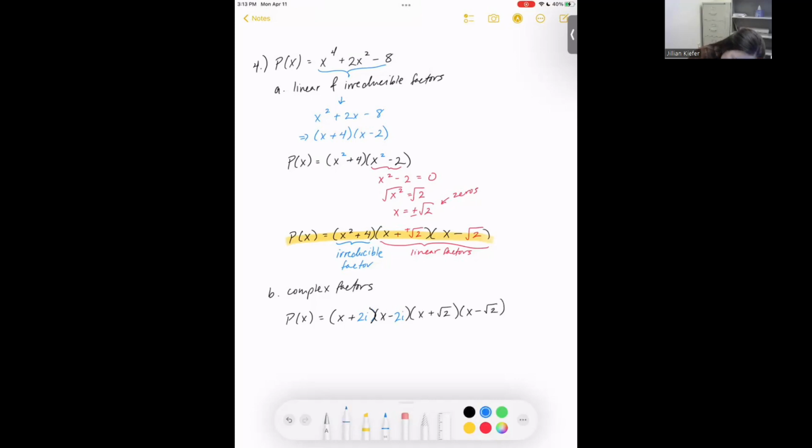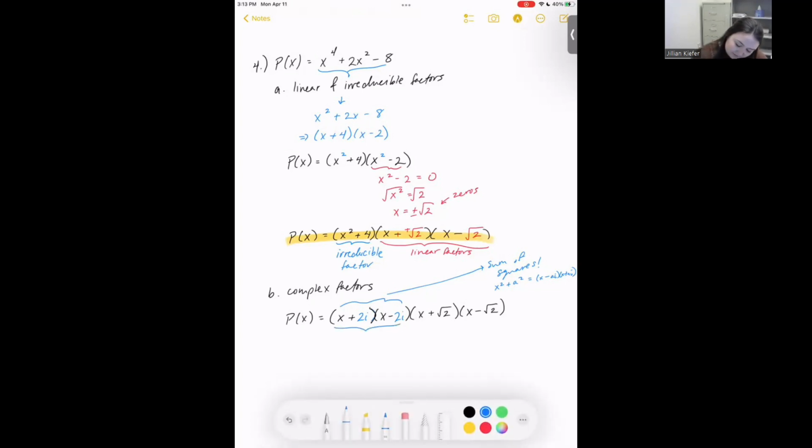So this right here, sum of squares, told us that if we had x squared plus a squared, this factored into x minus ai times x plus ai. Oh, I just barely squeezed that in. It's ugly though. But there we go, that's how we got the sum of squares.